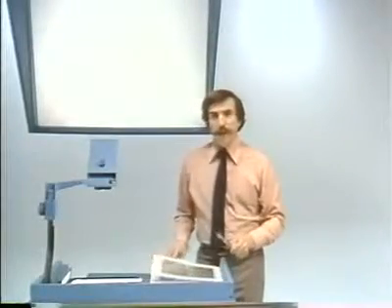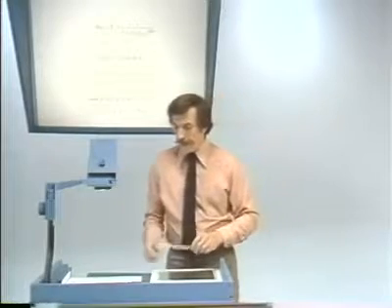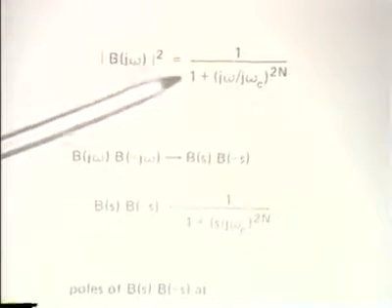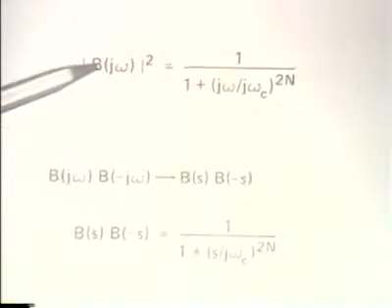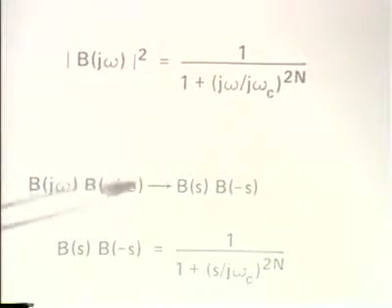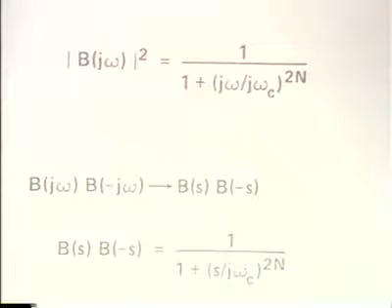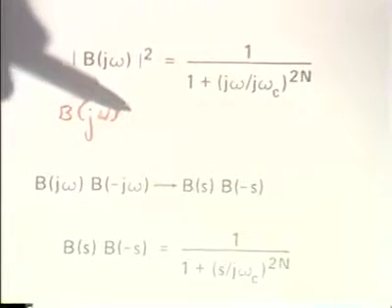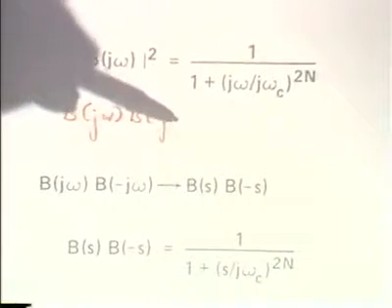Now, in designing Butterworth filters, what we will want to look at is the location of the poles of the system function. We can infer those from our definition of the frequency response for the Butterworth filter. In particular, we have this expression for the magnitude squared of the frequency response. We recognize that as B of j omega times B of minus j omega.